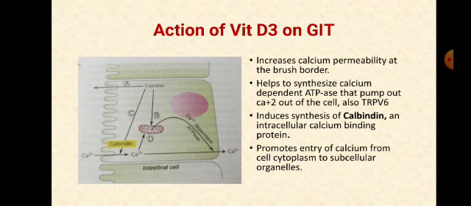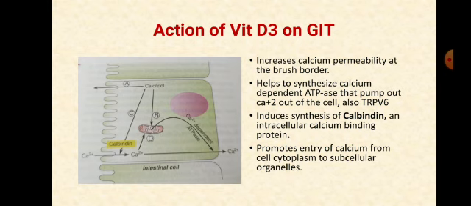Now, let us see what the actions of vitamin D3 are on different target organs. The first in series is the gastrointestinal tract. This is the prime target organ for vitamin D3, where it exerts its action to increase the absorption of calcium.